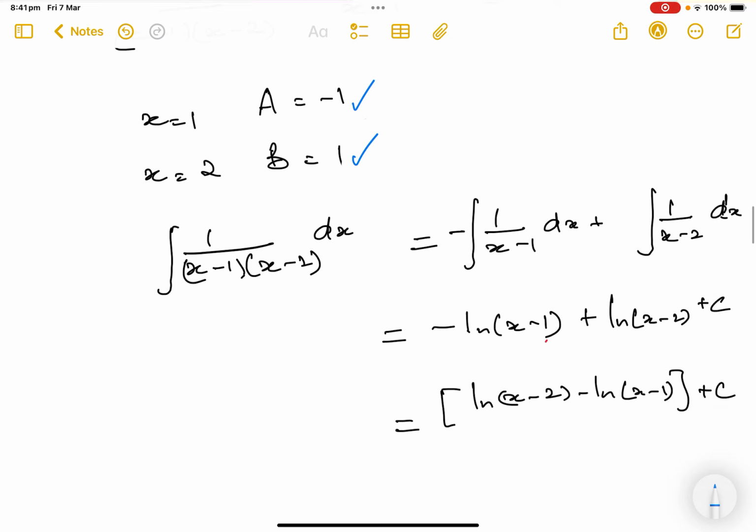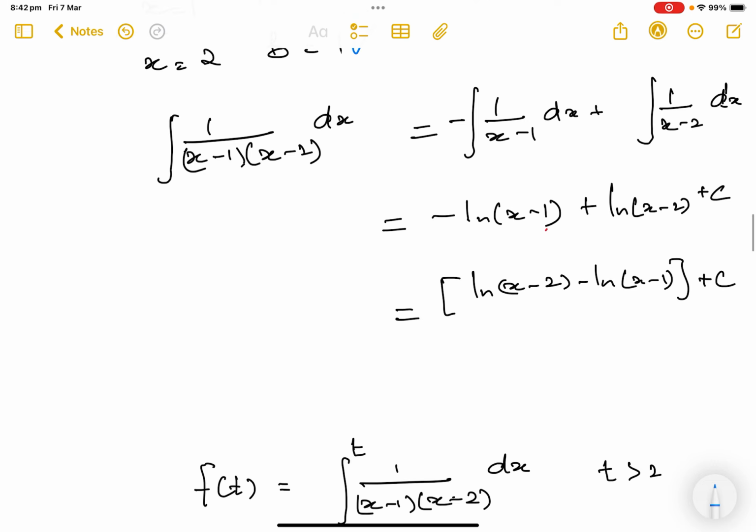So the integral of 1 over (x minus 1)(x minus 2) dx equals, with A as minus 1, minus 1 over x minus 1 dx plus 1 over x minus 2 dx. We know that when the numerator equals the differentiation of the denominator, the integral is log.